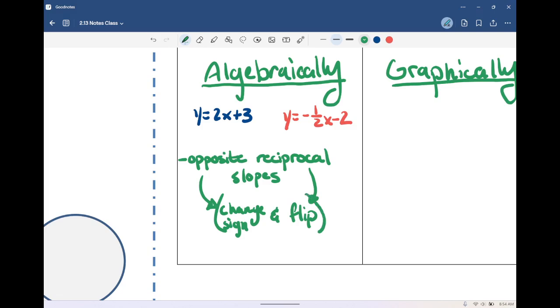Opposite means change the sign: if it's positive, it becomes negative, and if it's negative, it becomes positive. The reciprocal says take what you have and flip it. You can see our first slope of 2 turns into, well, it started as positive so it needed to be negative, and then we flip it: 2 over 1 flipped is 1 over 2.